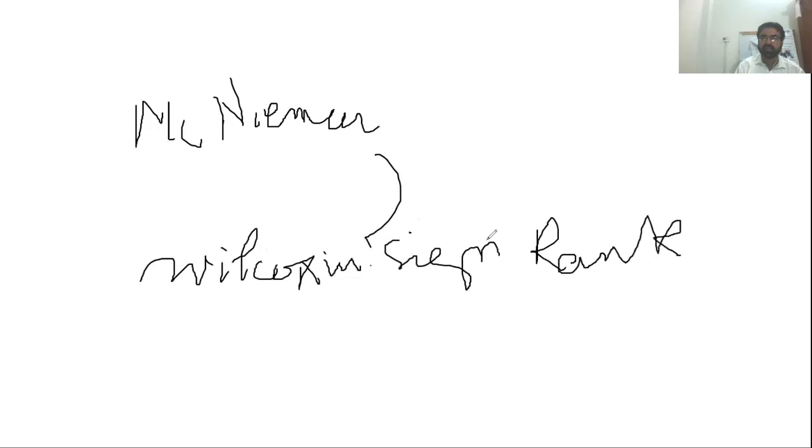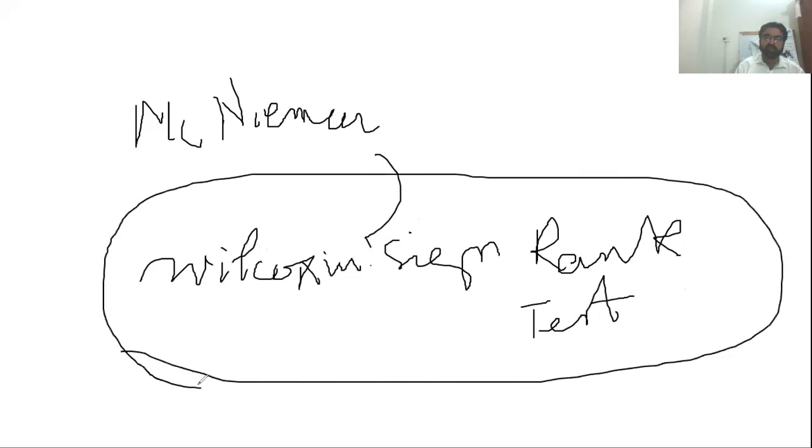Wilcoxon sign rank test. That is instead of McNemar. This test is applied when you have a single sample and you want to see the difference in the frequencies before an intervention and after the intervention. Then you have to apply the Wilcoxon sign rank test.